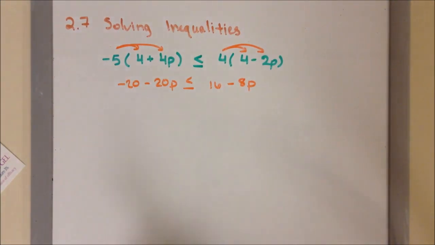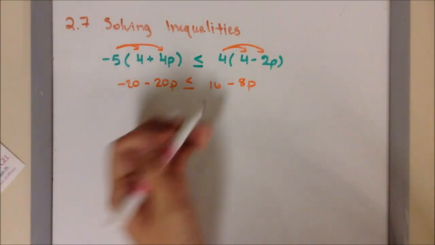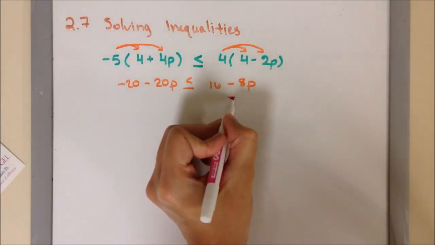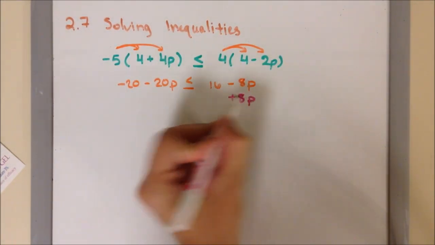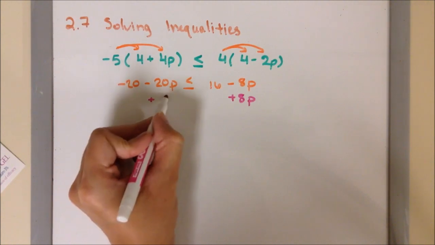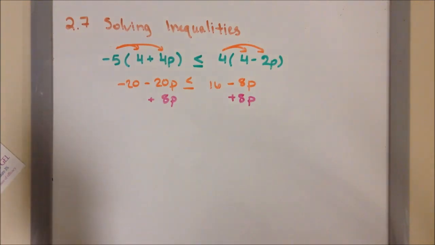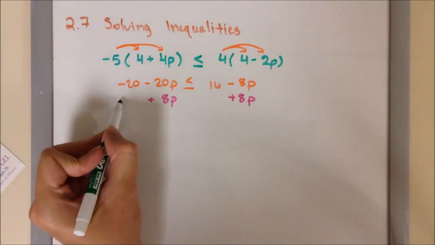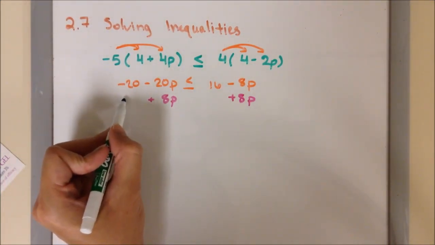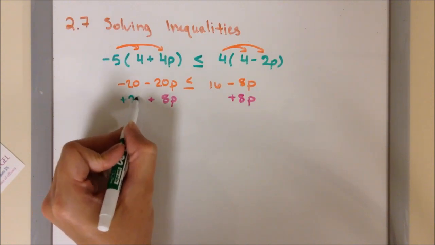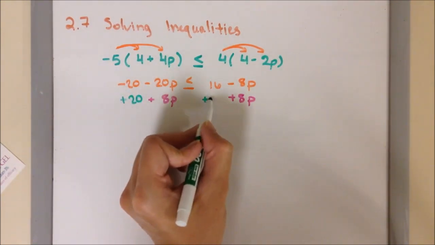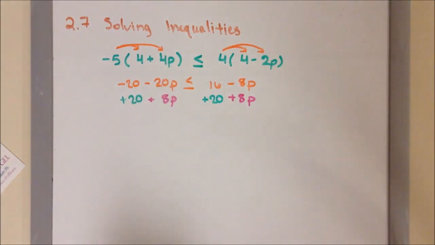Alright, so I'm going to try to get all my variables to the left. So I'm going to cancel out the minus 8p by adding 8p on the right and adding 8p on the left. And then I'm going to cancel out my number on the left, so the opposite of negative 20 will be plus 20 on the left, therefore plus 20 on the right.